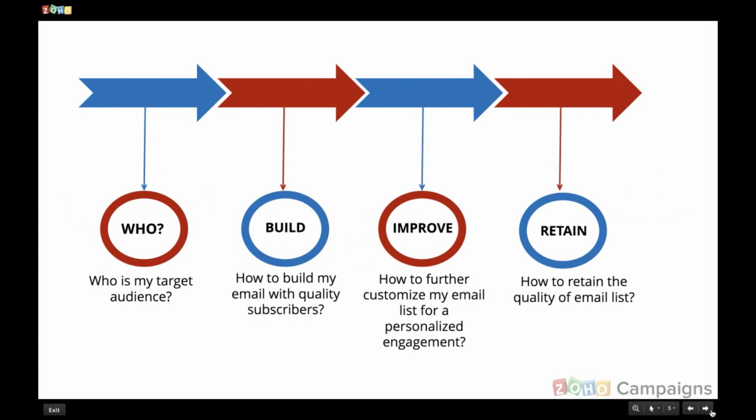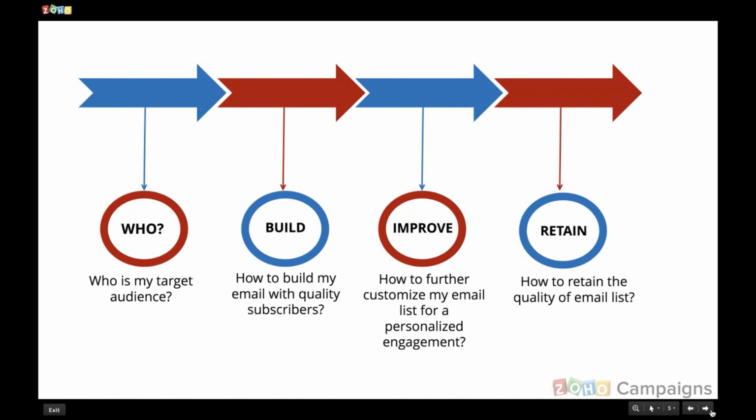Make sure you give your 100% with each of the steps we'll be following throughout the journey of email list building. When it comes to building with quality subscribers, ensure that you have identified a quality audience. With the help of that research, you can build a quality email list.